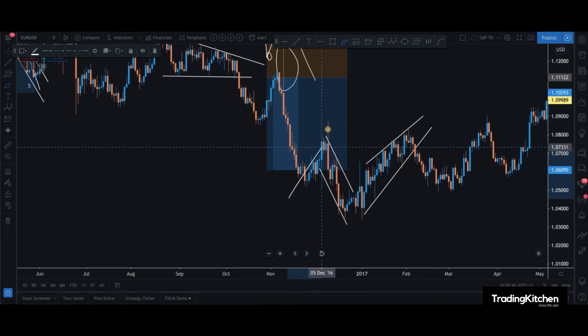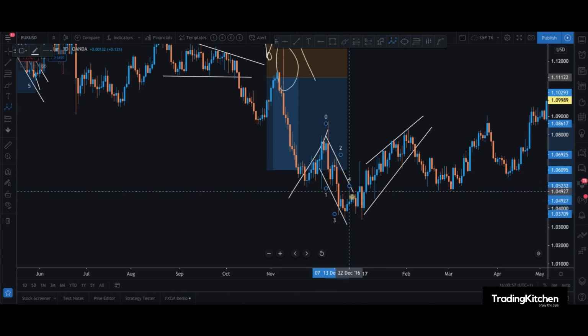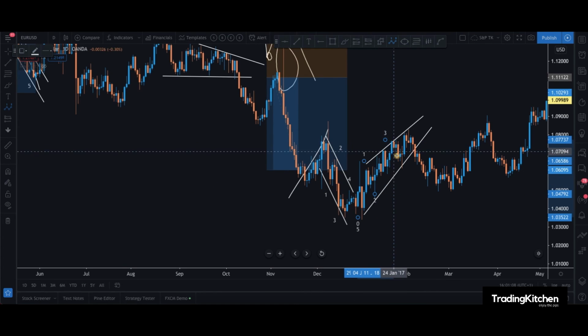Okay, in this case, impulse up, channel down. This is an impulse down, channel up. So 0, 1, 2, 3, 4, 5, and then goes up. Impulse down, channel up. So it's 0, 1, 2, 3, 4, 5, and then goes down.